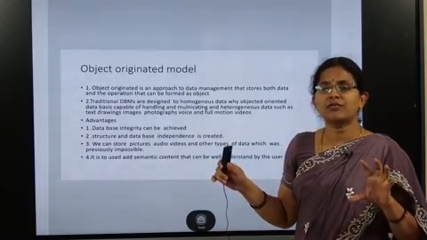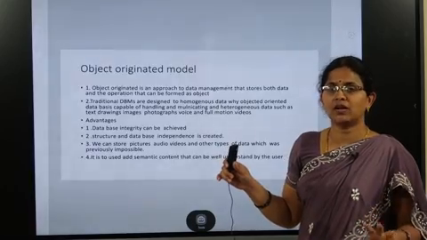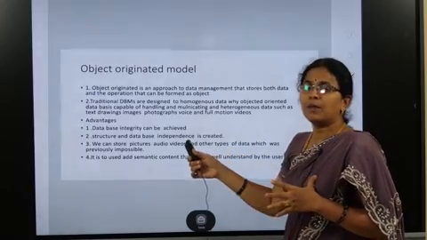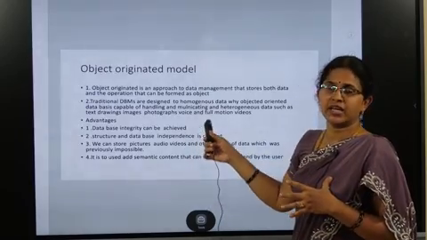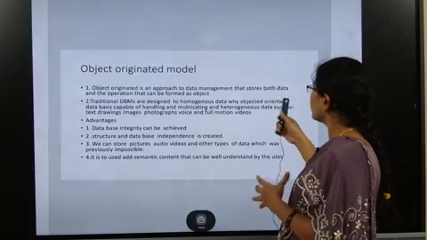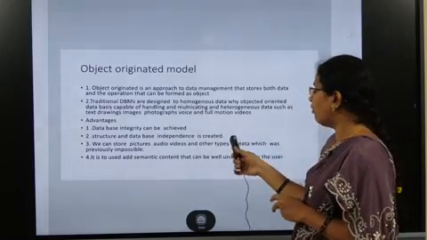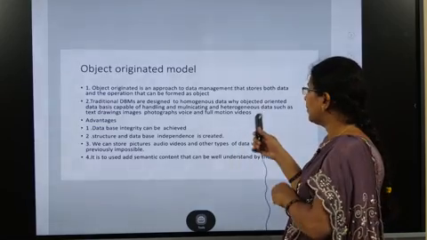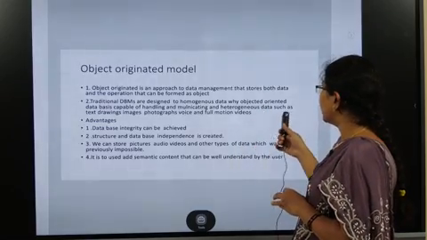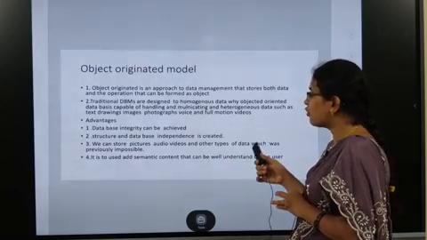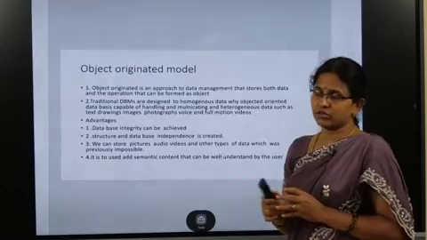It means different sets of data or different types of data are also processed and operated in case of object oriented model. Why? Because this object oriented model is capable of handling and manipulating the heterogeneous data such as text, drawings, images, photographs, voice and full motion videos.